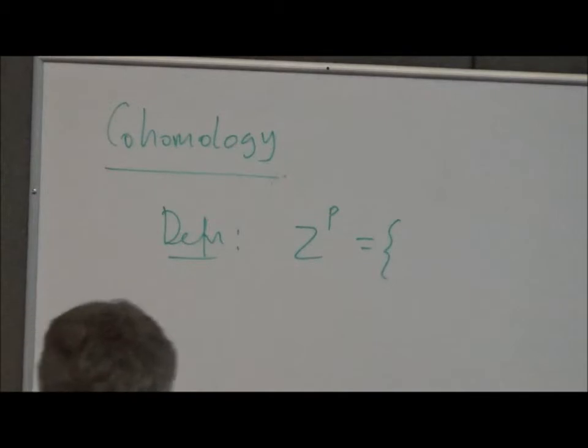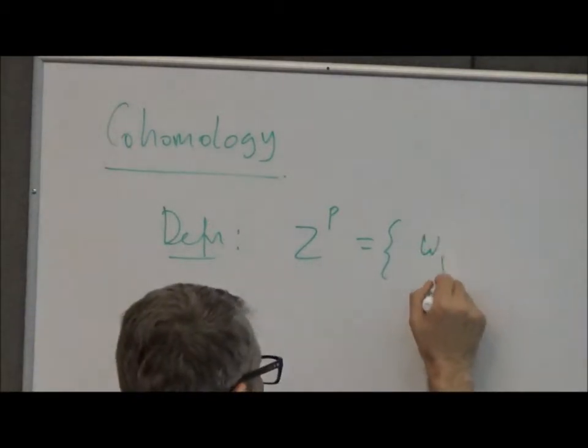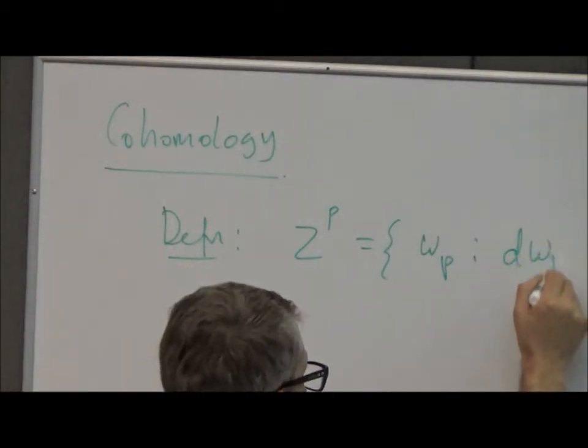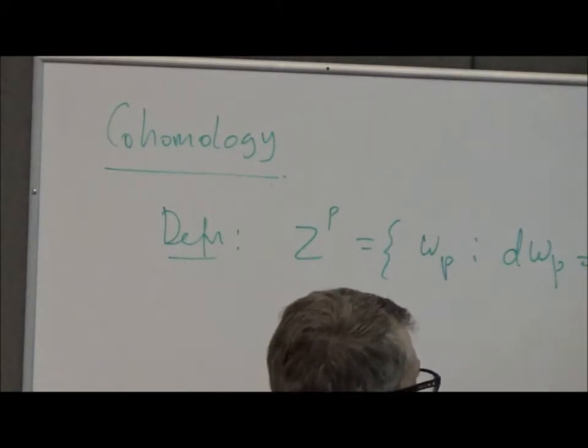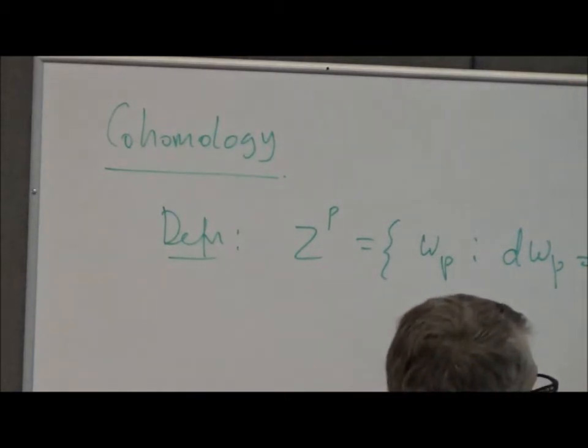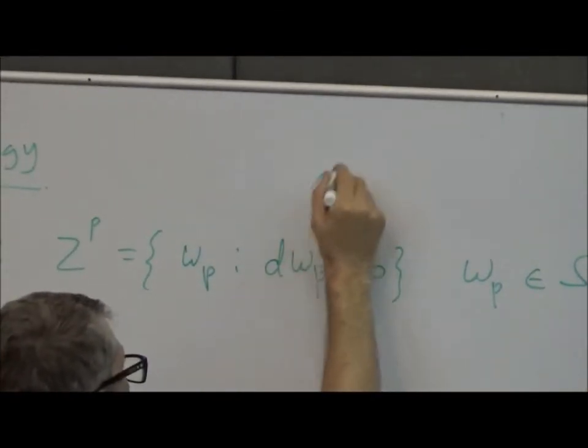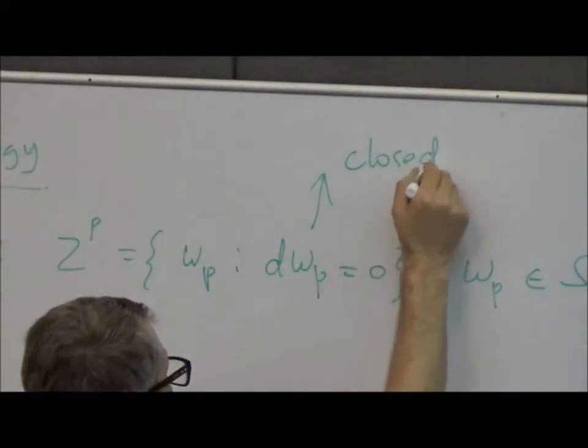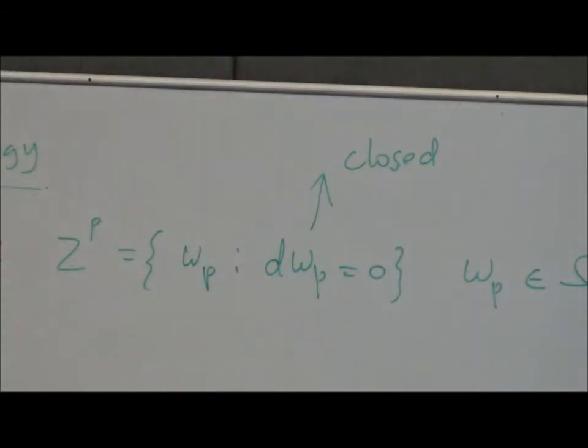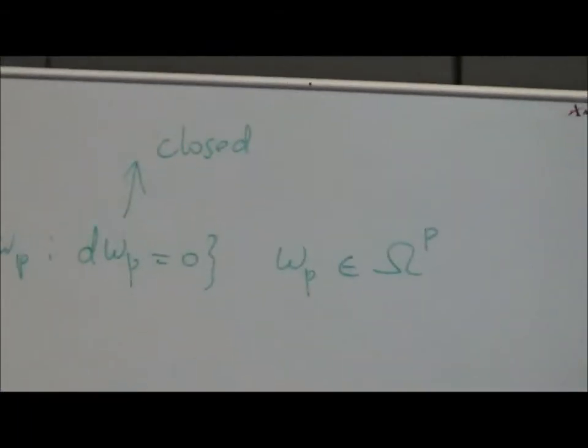So Z^p are the p-forms such that they're closed. So omega p is an element of Omega^p, and this means closed. That's just the word. So we're looking at the set of closed p-forms.